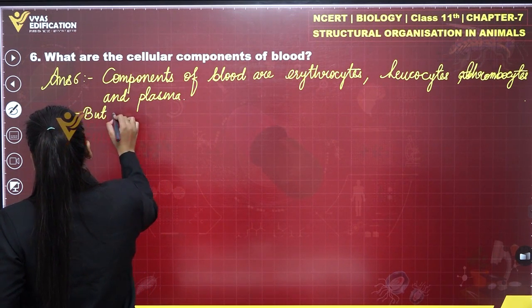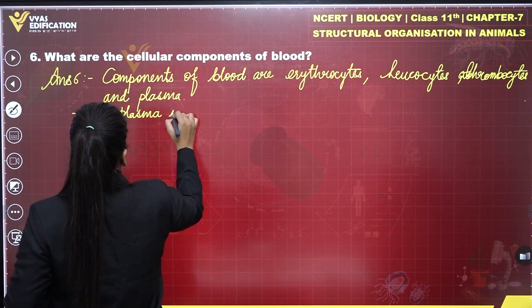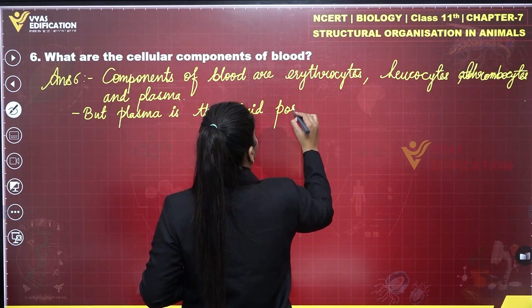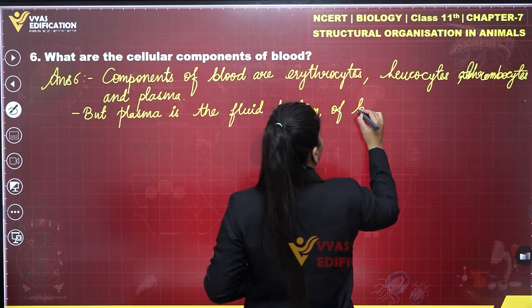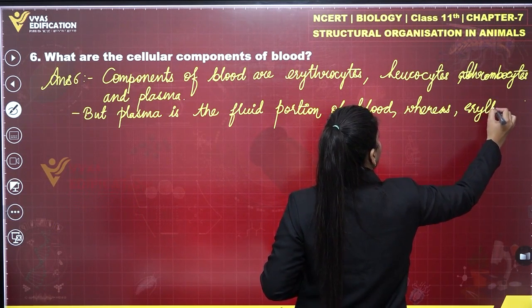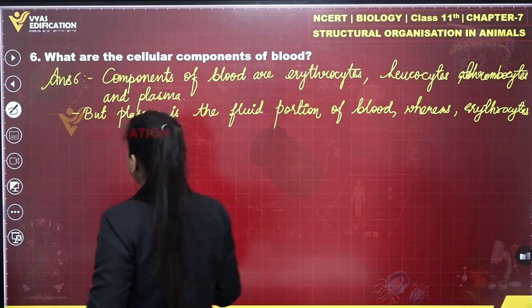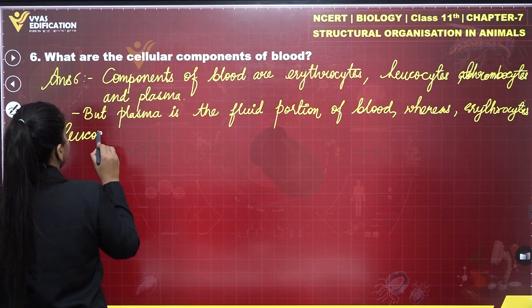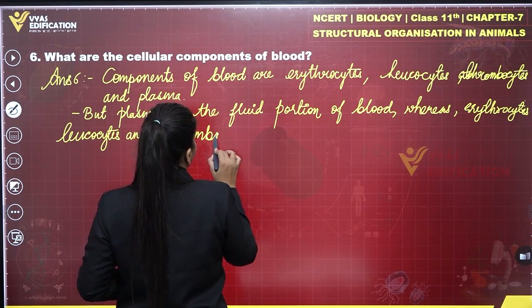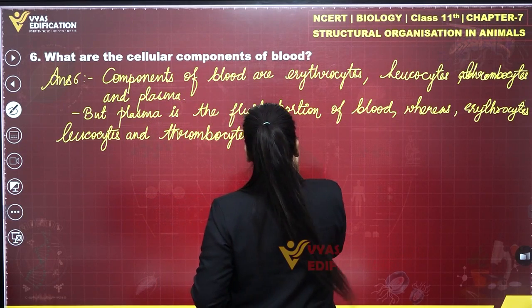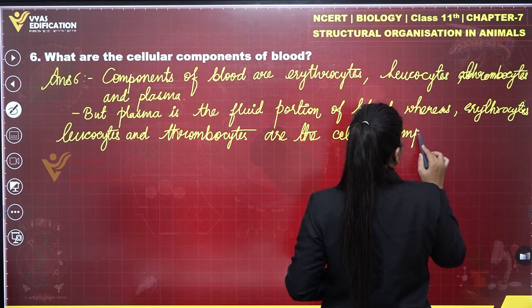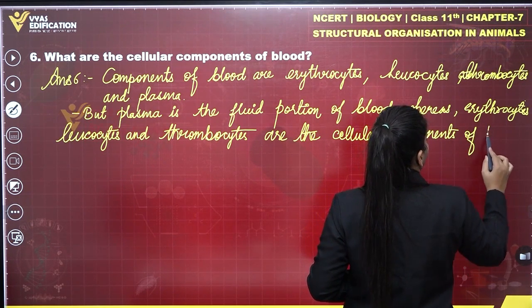But plasma is the fluid portion of blood, whereas erythrocytes, leukocytes, and thrombocytes are the cellular components of blood, right?